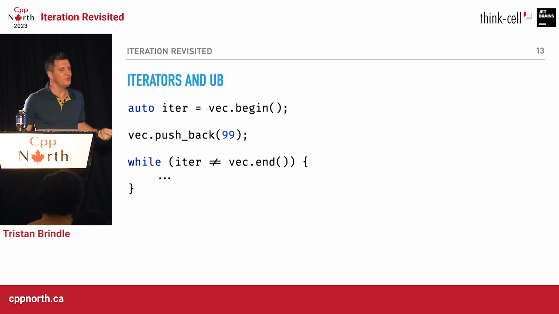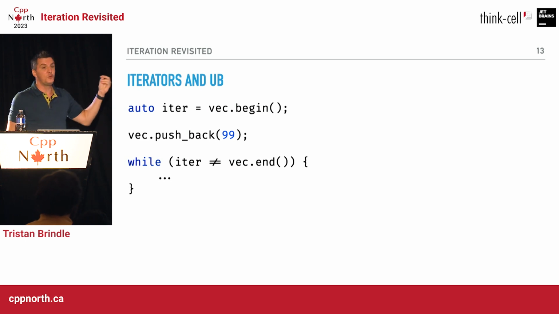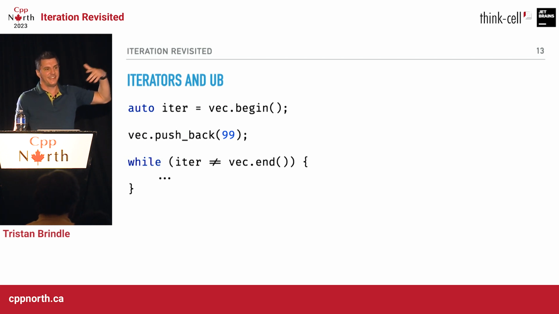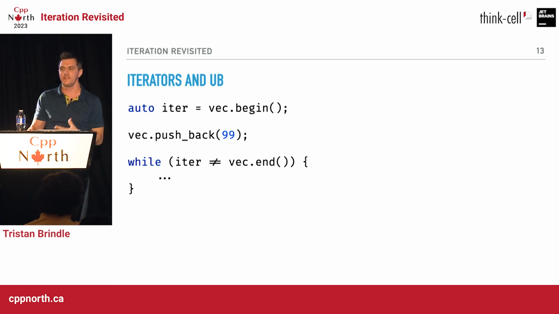And what makes it even worse is that this code will work most of the time, right? You can have this sitting in your code base for 20 years and it works perfectly well because it just so happens that whenever you call it, the vector doesn't need to reallocate. But then all of a sudden, one day, you recompile, your standard library has decided to change its vector implementation, so now vec happens to be full at this point, and now you're getting undefined behavior when you never did before.